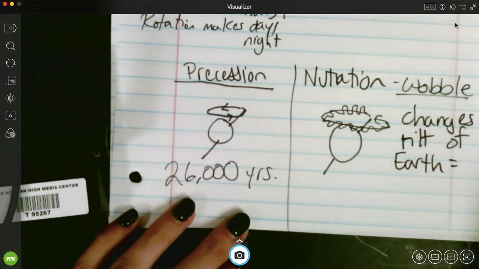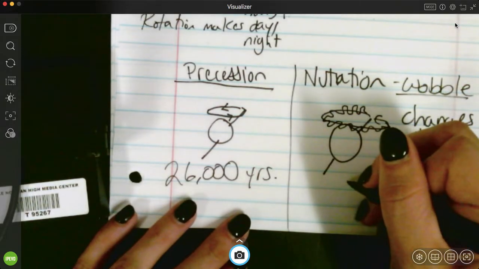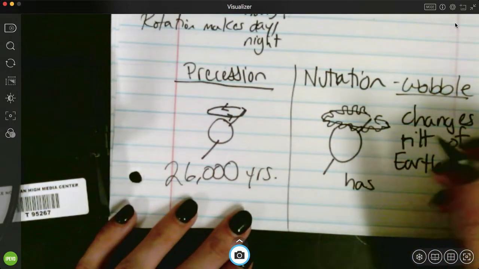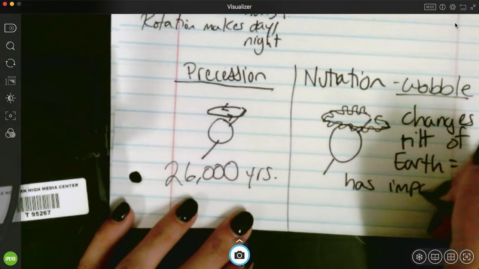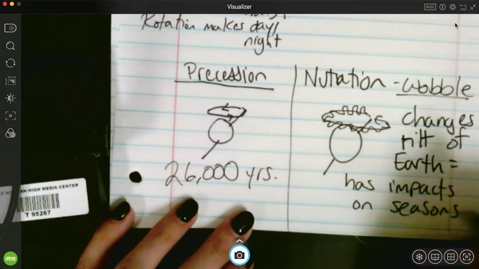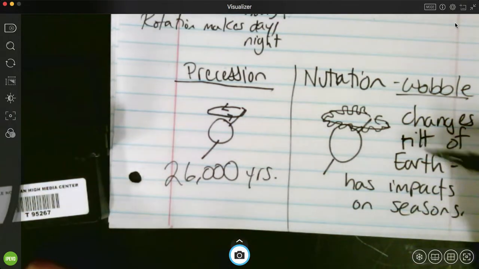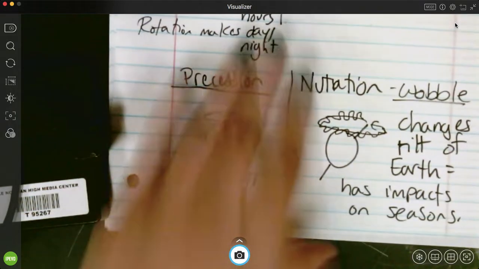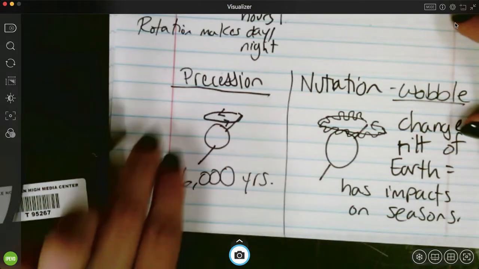And remember, when the tilt changes, seasons change. Tilt changes seasons. So write that down if you need to, and we'll carry on.